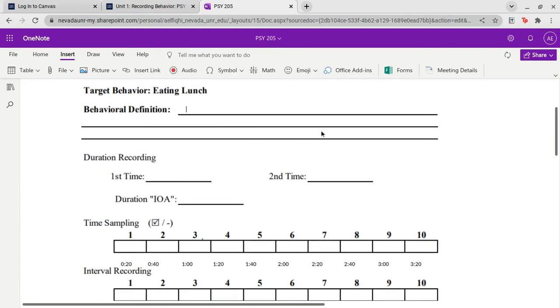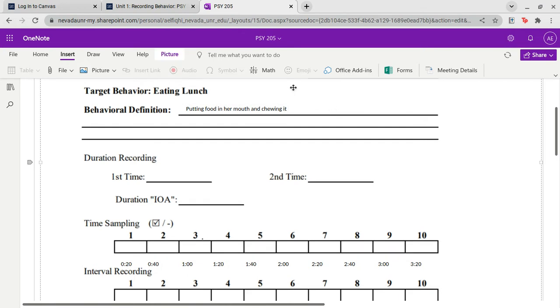So for our definition, we put, for eating lunch, it would mean putting food in her mouth and chewing it. I do think we at first added chewing the food and swallowing it, but we realized through watching the video that was actually a little bit hard to see and was getting confusing.